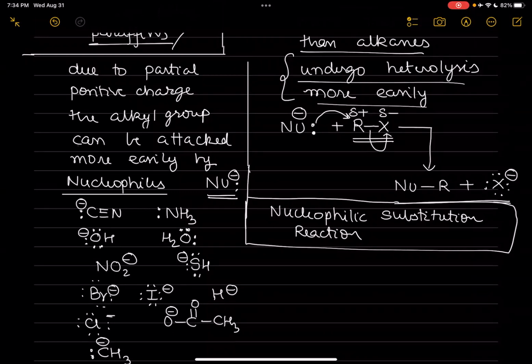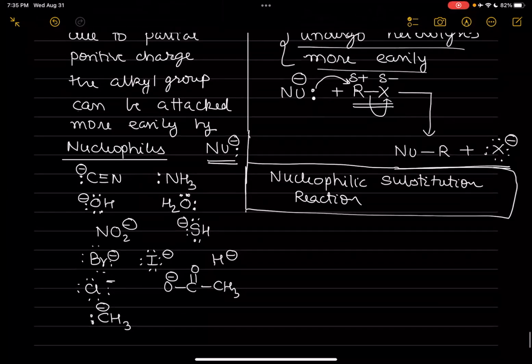So the nucleophile came in and gave its electron pair to the carbon, and the carbon can form only 4 bonds. So if the nucleophile is attaching, the halogen is going to come out. That's what we have done.